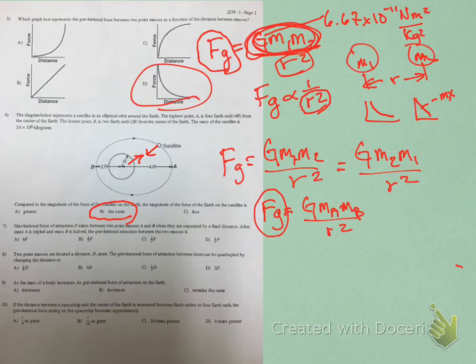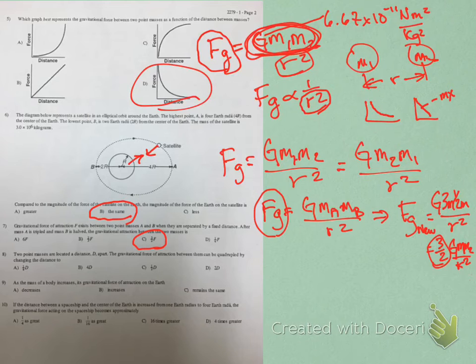If mass A is tripled and mass B is halved, so our new force, Fg new, is equal to big G, triple one mass, and halve the other mass, and keep the distance the same. The new answer here basically has 3 halves out in front of the old answer. So your answer is 3 halves of your old answer. So 3 halves of F.